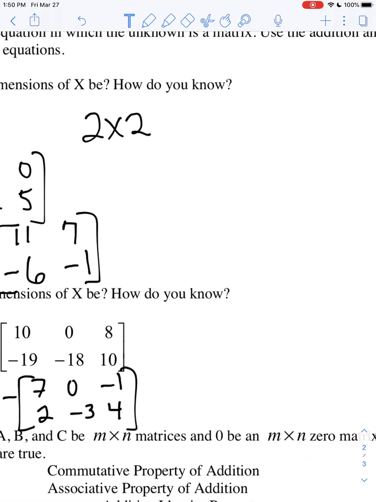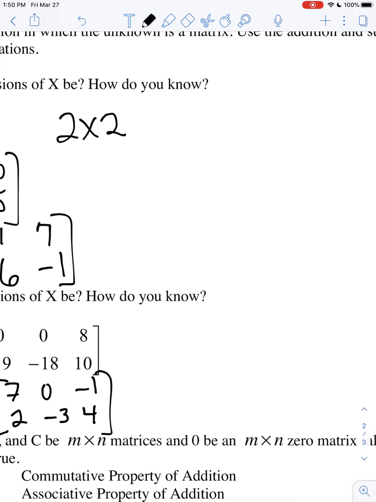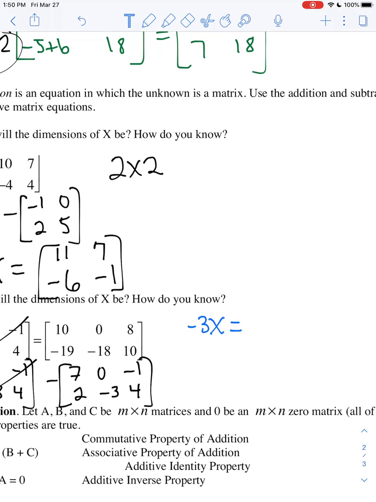All right, I'm going to move this over and change color so you can see what my new thing is. So I now have negative 3X equals, okay, so now I'm going to take 10 minus 7. So that's going to leave me with 3. 0 minus 0 is 0.